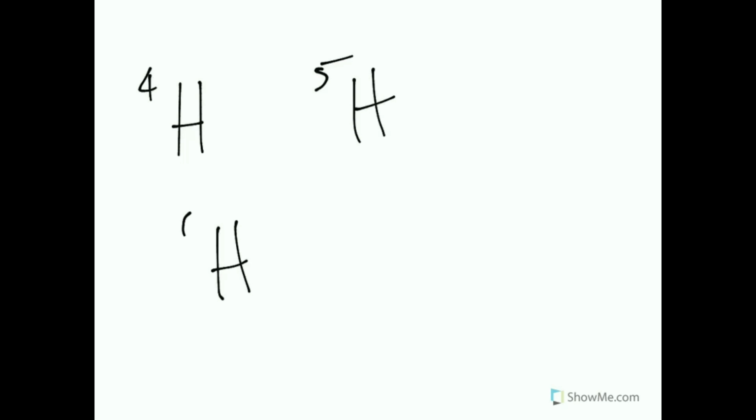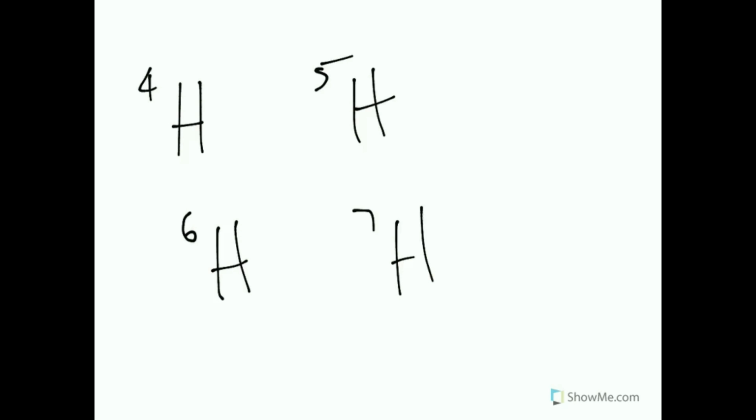So far, we've looked at protium, deuterium, and tritium, but they're not the only isotopes of hydrogen. There's also this guy, and this one, and this one, and this one. We're calling these ones hydrogen 4, hydrogen 5, hydrogen 6, and hydrogen 7.